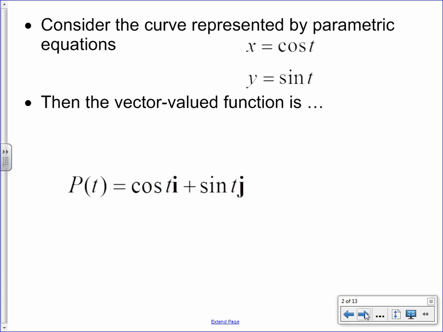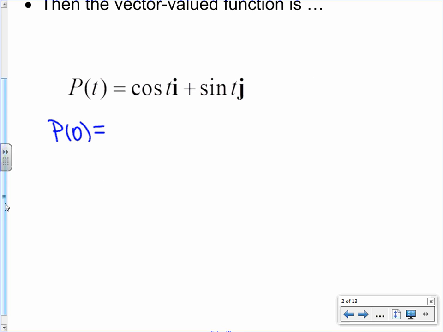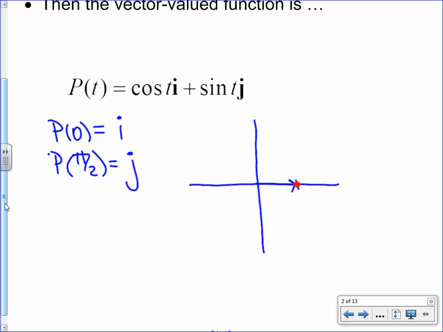So what would P of 0 be? We're right here. What about P of pi over 2? J. P of pi?